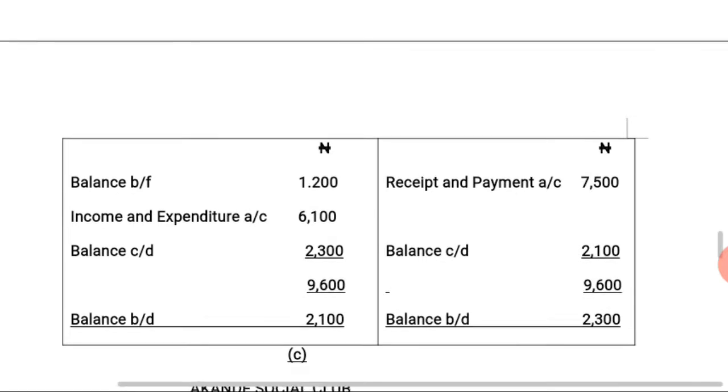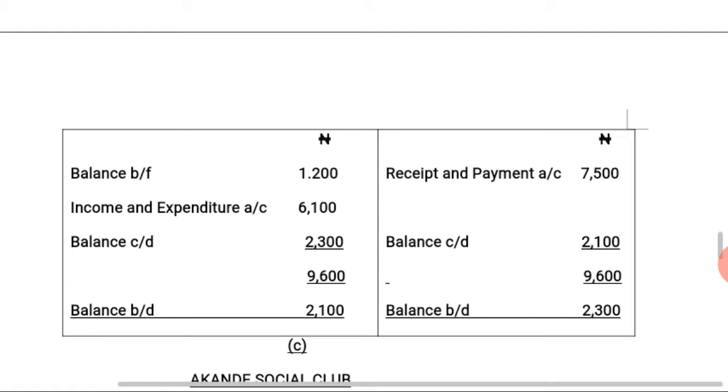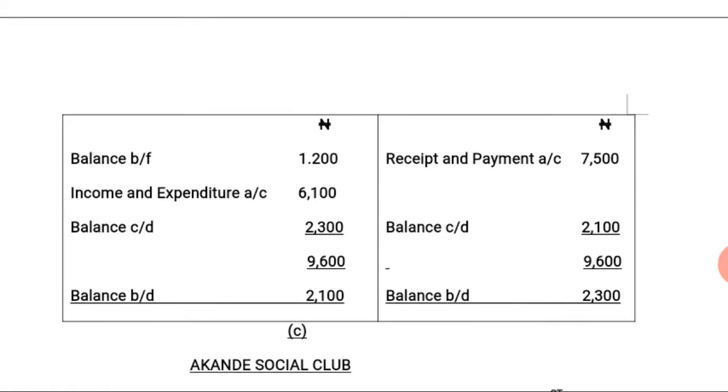Therefore, we go back to our receipts and payment account. The amount realized from subscription for the year 2014 stood at 7,500 naira. So since the receipt and payment was debited, then the subscription account will be credited with 7,500 naira. That's the first item on the subscription account.